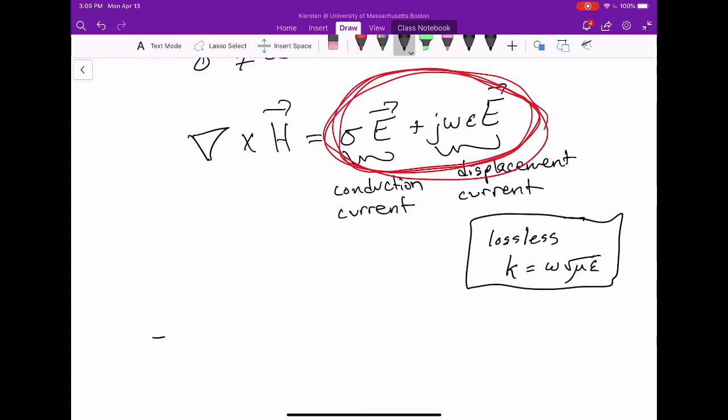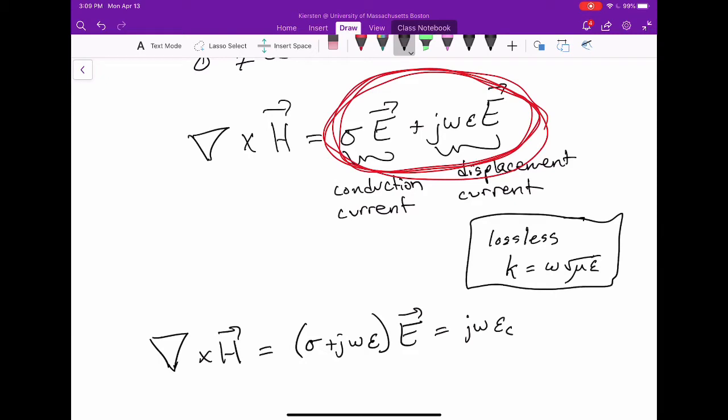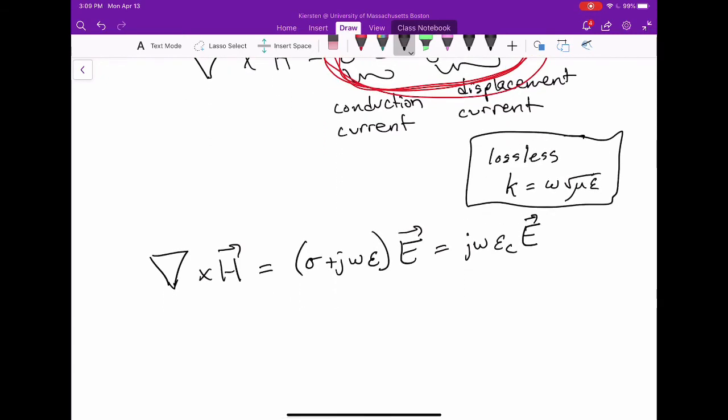So we're going to write that the curl of H is equal to sigma plus j omega epsilon times the electric field, which is equal to j omega epsilon c times E.